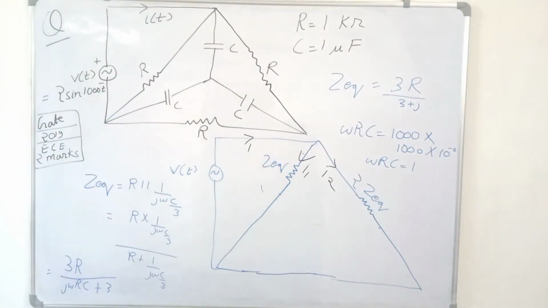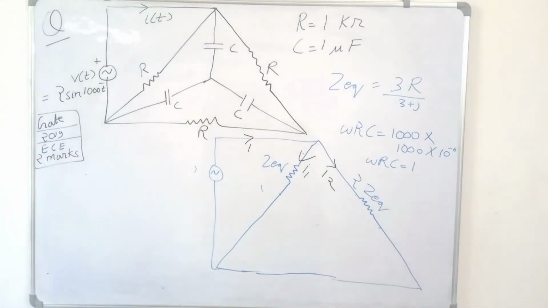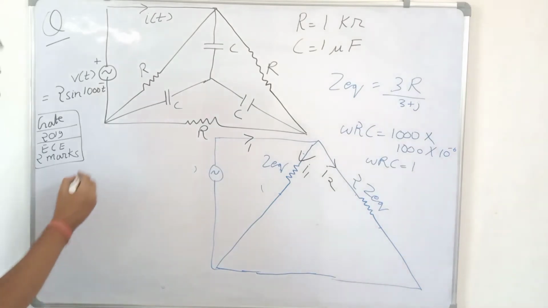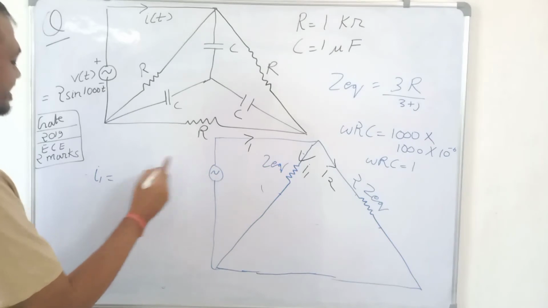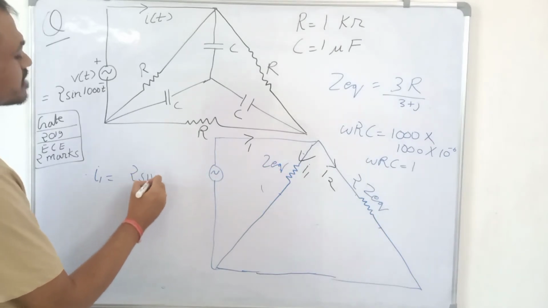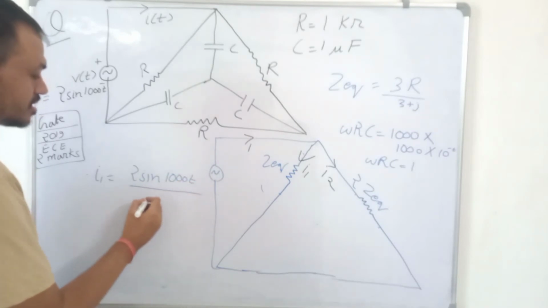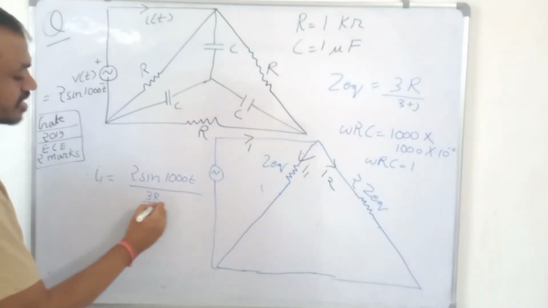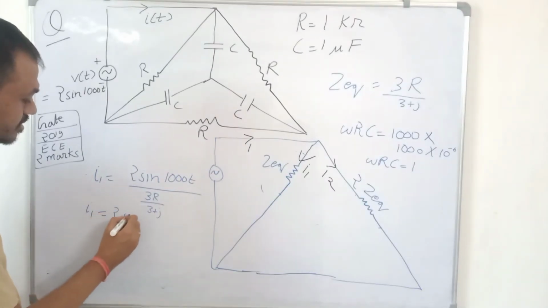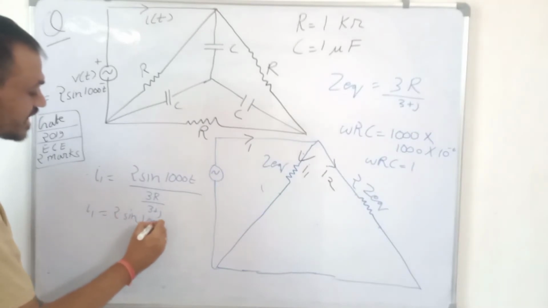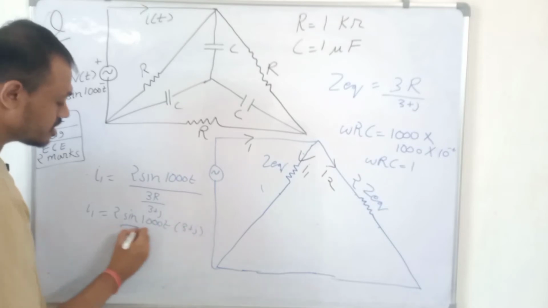So the value of current I1 is equal to 2 sin 1000 t upon 3R upon 3 plus j. So I1 will be equal to 2 sin 1000 t into 3 plus j upon 3R.